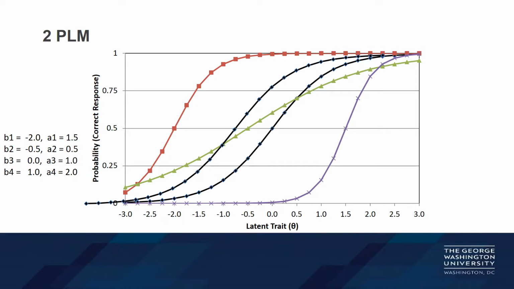If you had persons around the value for the green item, someone that has a lower ability, even as far down as -2, still has over a 20% chance of getting it correct. Whereas the person all the way up at positive 2 now has maybe a 95% chance of getting the item correct. And when you compare that to some of the items with steeper slopes, you can see that there's a sharp difference between where they would get that item correct.